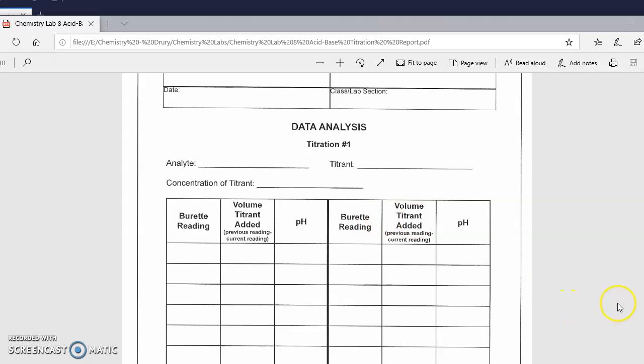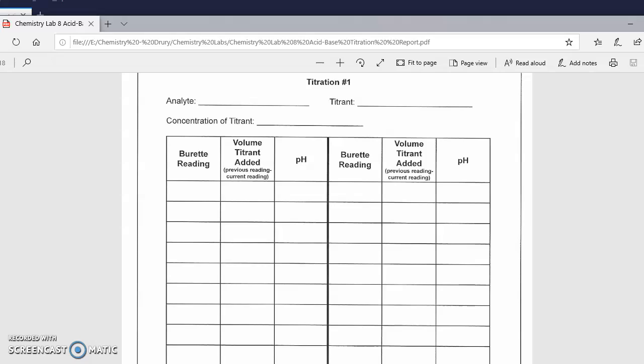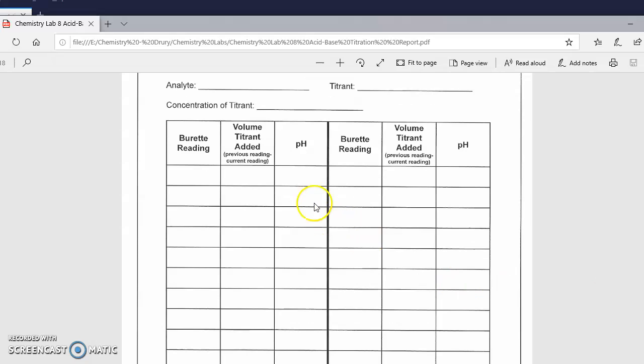What I'm going to do is give you some burette readings, and you can calculate the volume of titrant added, and I'll tell you what the pH is for this particular one. You're starting off here at 45.00 milliliters, and this is a 0 here.